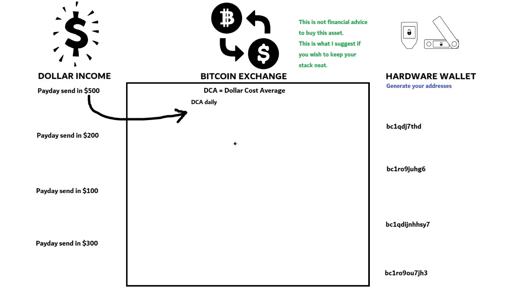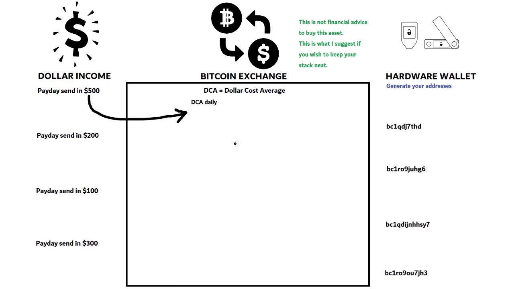You think, well, I've reached my threshold where I feel comfortable that it needs to come out, and I can deal with that in 10 years when it's of a much larger value. So you send that $500 in, it DCAs until it's empty. It goes all the way to zero. So it's all turned to Bitcoin, no more dollars left.